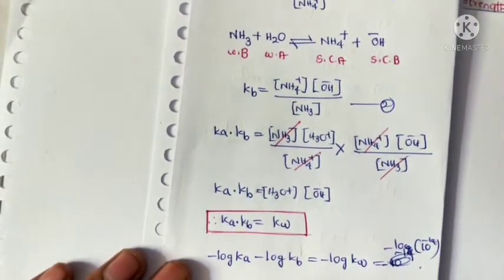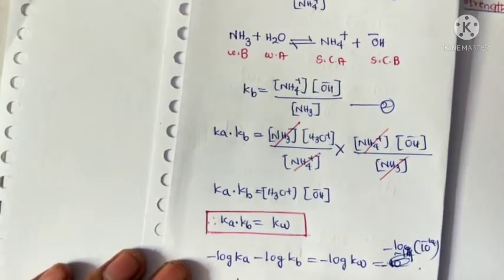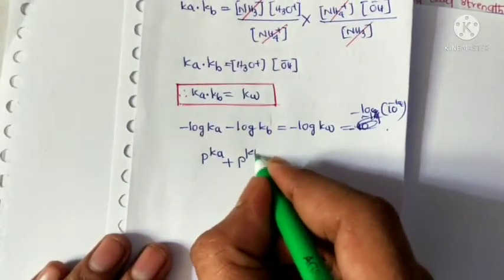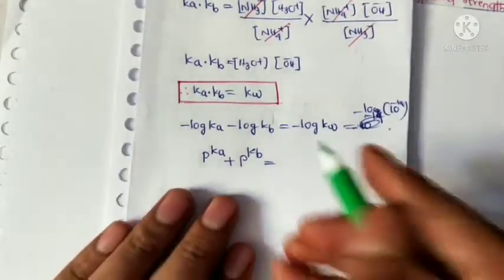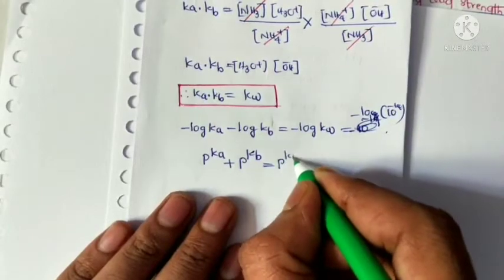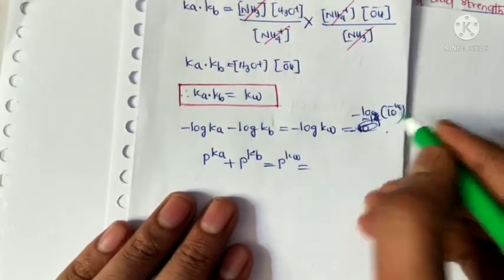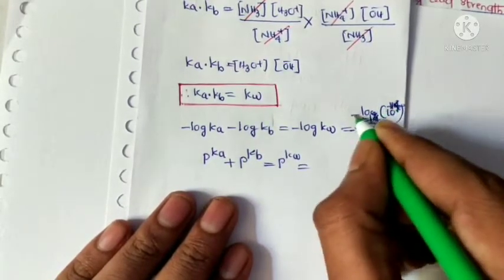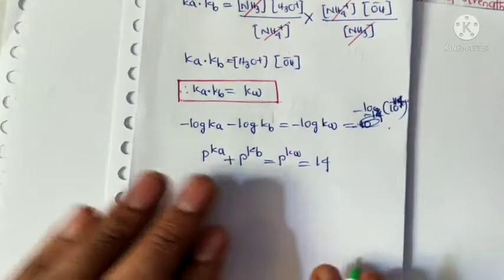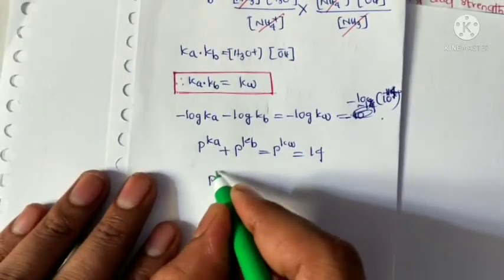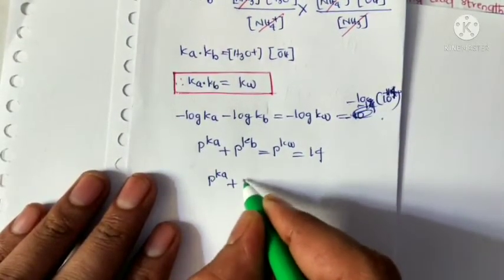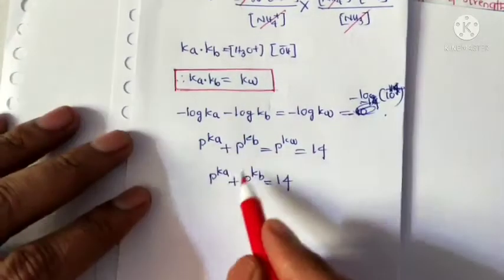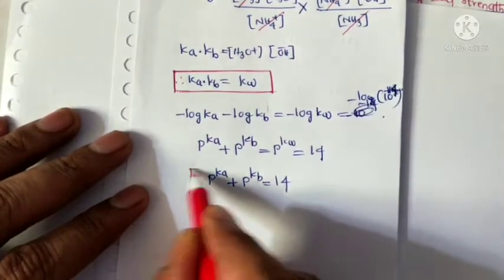From this we can conclude that pKa plus pKb equals pKw, which is 14. So pKa plus pKb equals 14. This is also a very very important equation.